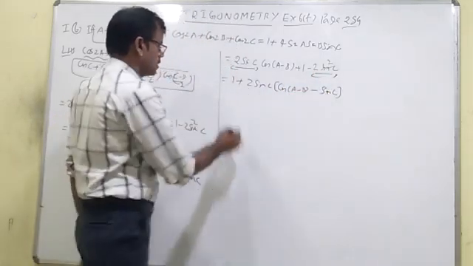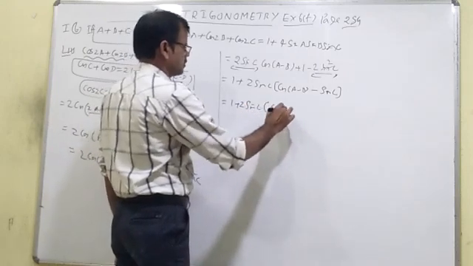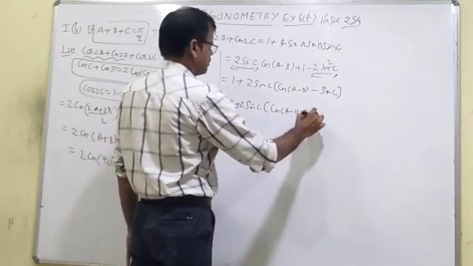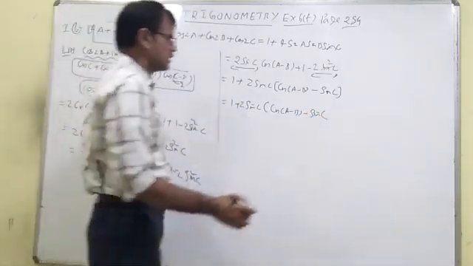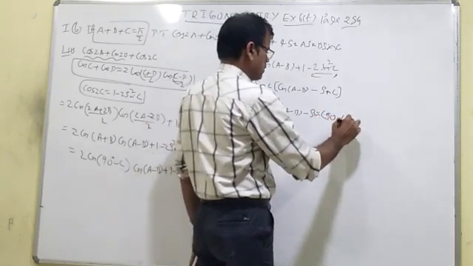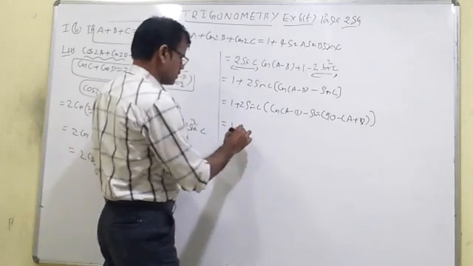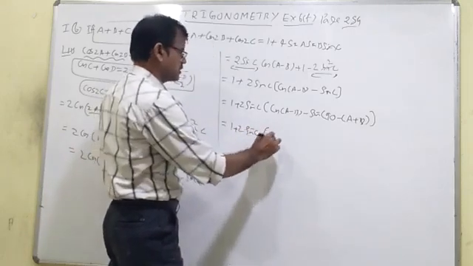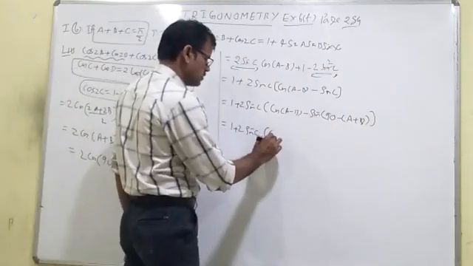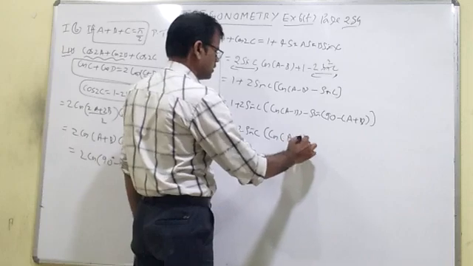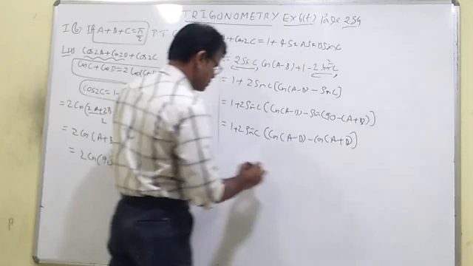Next step: 1 plus 2 sin c into cos of (a minus b) minus sin c, and instead of c again we can write 90 minus (a plus b). That is equal to 1 plus 2 sin c into cos of (a minus b) minus sin of 90 minus theta, the formula for which is cos theta. So it becomes cos of (a plus b).